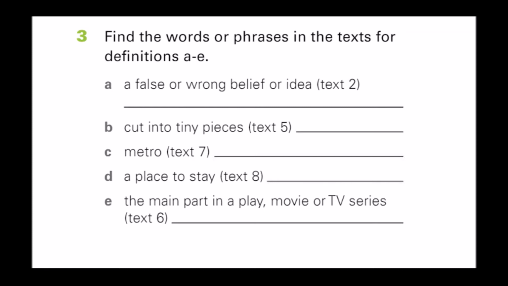Option C. Metro, text number 7: subway. Option D. A place to stay, text 8: accommodation. Option E. The main part in a play, movie, or TV series, for text 6: starring role.